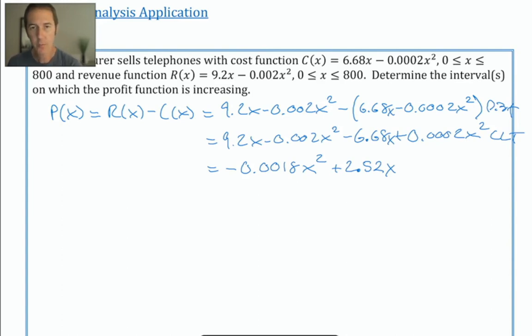Now notice this profit function is a second degree polynomial because it has an x squared and the next term to the first power, and that's it. So it's a second degree polynomial with a leading coefficient that's negative, which means that if we graph this, it's going to look like an upside down parabola.